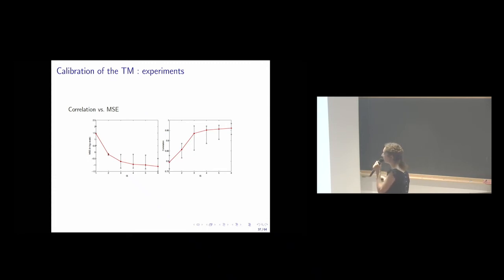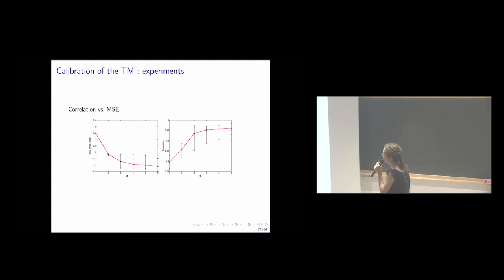So this is a kind of prediction correlation. And this is here the MSE, the minimum square error, between these two quantities, and here the correlation. So we see that this is normal, this is quite good, that the MSE decreases when alpha, the number of calibration signals, is increasing.